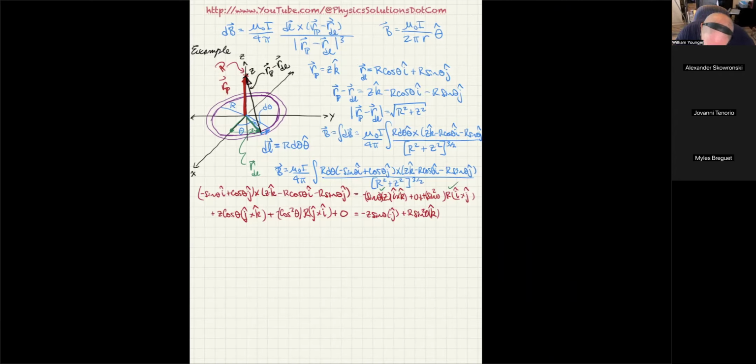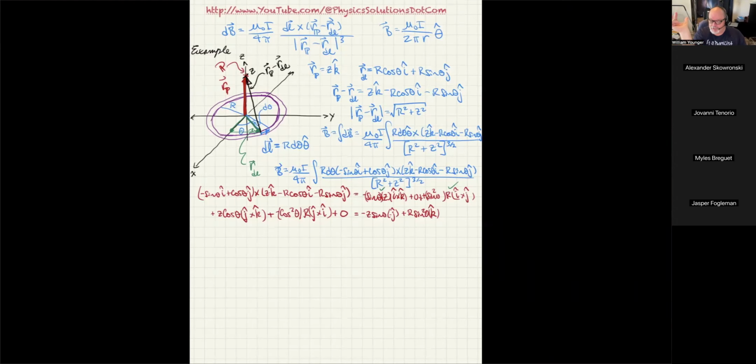Now I'm also going to take the z cosine theta j hat cross k hat. Well, j hat cross k hat is j hat, which is sticking to the right, and then cross k hat, which is up. So I see that now my right thumb is pointing out of the page, which is the i hat direction. So in this case, I get z cosine theta i hat.